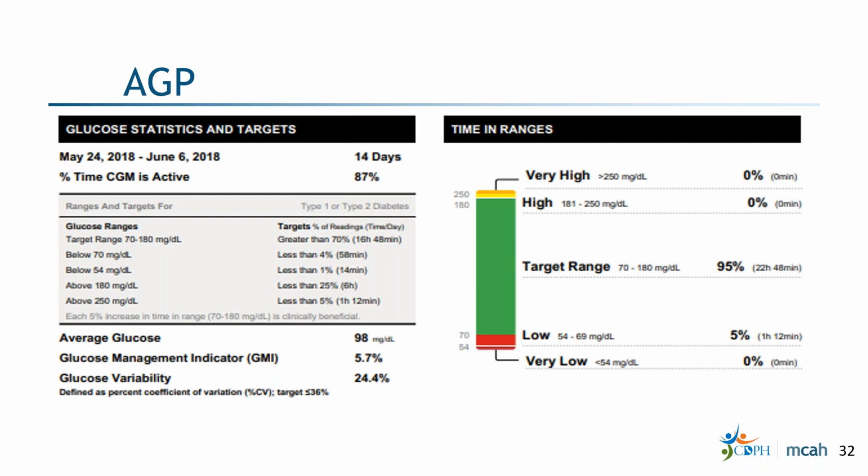So that's a limitation, because I look at this and I see she's 95% in target, but that is 70 to 180. So I don't really know what percentage of the time she is between 63 and 140. Although I can see her average glucose is 98 and her GMI is 5.7, which are certainly very encouraging metrics.